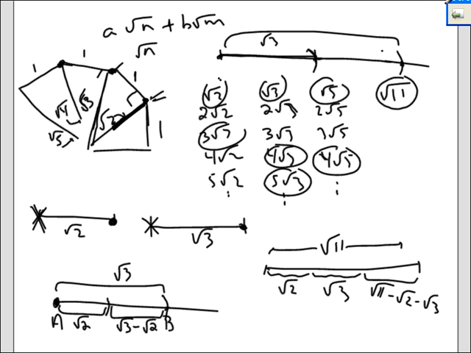And if a square root of n is bigger than b square root of m, I can draw the difference. I can draw their sums and their differences, which is pretty neat.